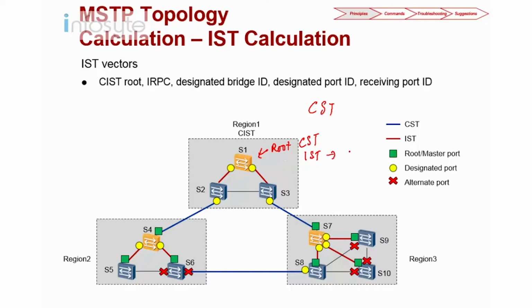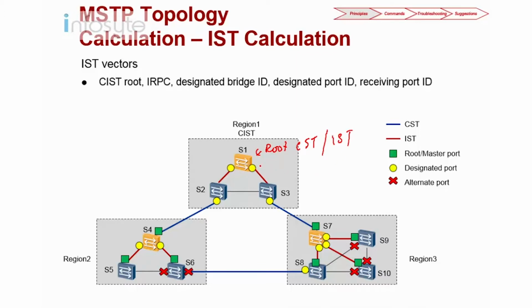Just to recap, the internal spanning tree is MSTI instance 0, which means any VLAN that is not mapped into any instance will automatically fall under the IST, or internal spanning tree.